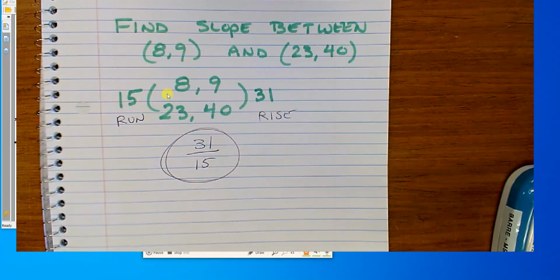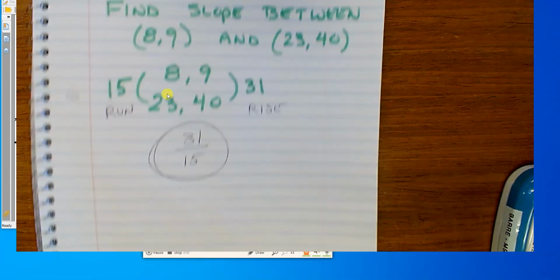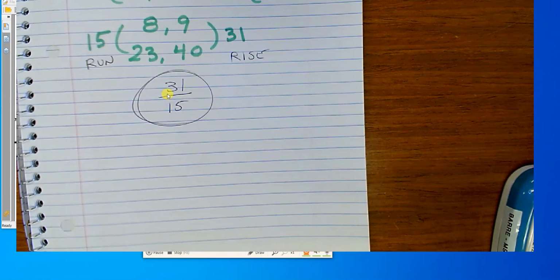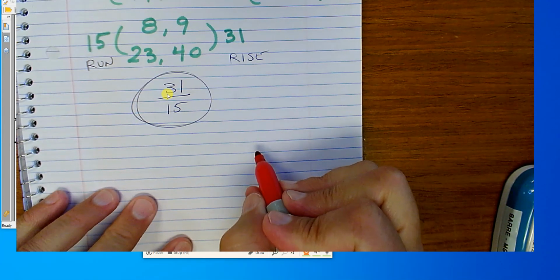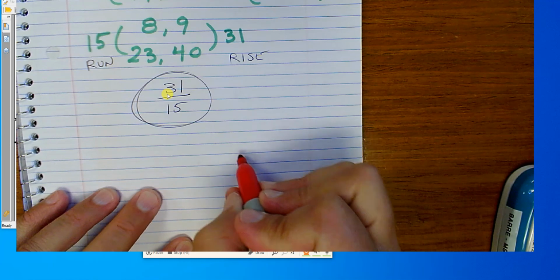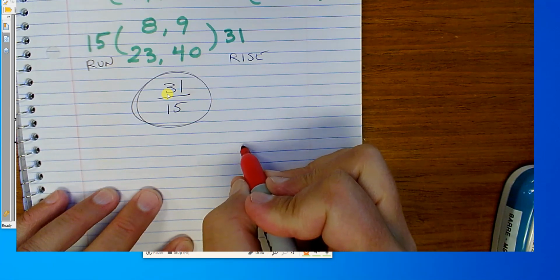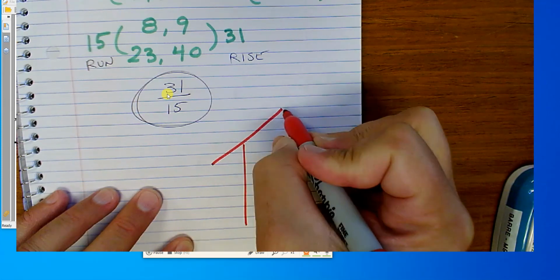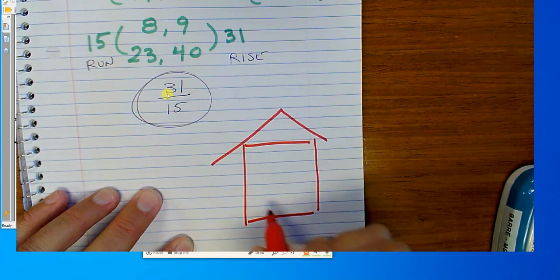Okay, you know what? I'm going to add one final thing to these notes. And I want you to remind me to check this when you come to class. Because I think some of you are going to stop taking notes before you get to the end. So ready? If you want to get full credit on today's notes, at the very end, I want to see a picture of a house.